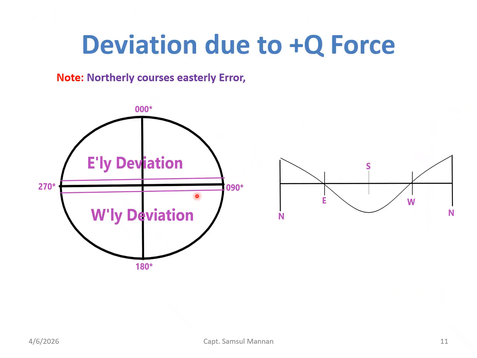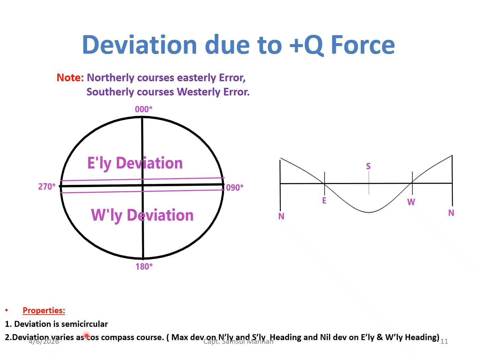And if we write down the property, we can say that due to plus Q force there will be easterly error in the northerly courses and westerly error in the southerly courses, and just like plus P force, the plus Q force deviation is also a semicircular deviation, and this deviation will vary as compass course, because this curve is a cosine curve, right?